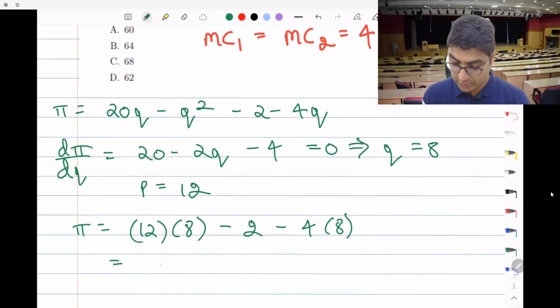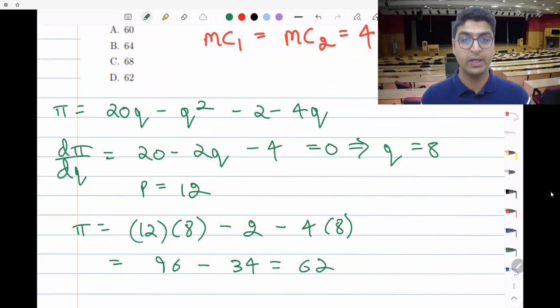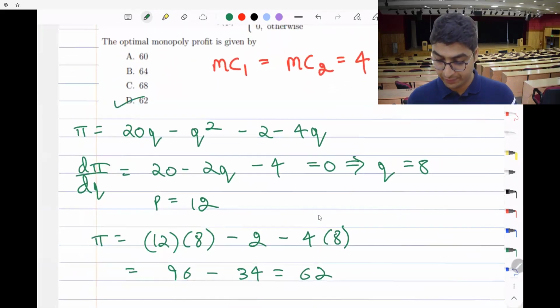So which is 96 minus 34, which is 62. Okay, so the answer here is maximum profit is 62, which is option D.